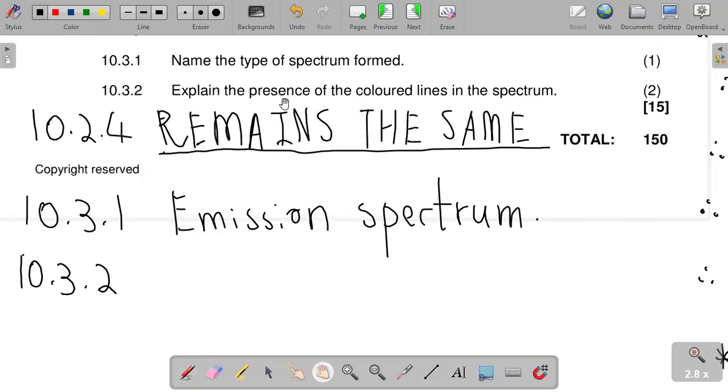And they say explain the presence of the color lines in the spectrum. So this is the line emission spectrum.